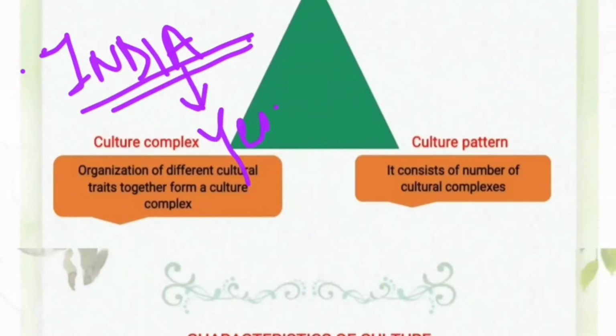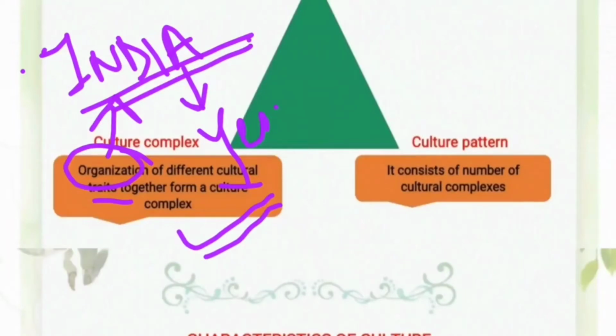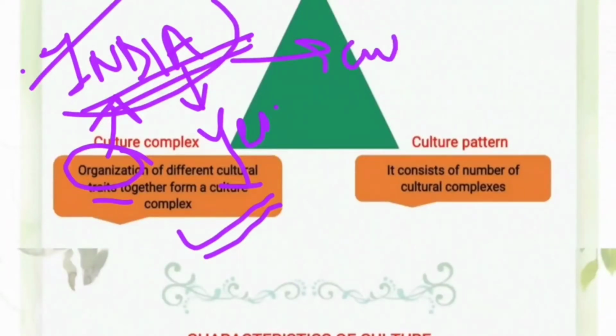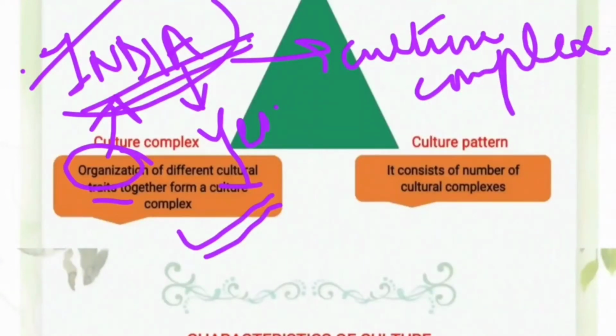India is a culture complex. There are a number of cultures living together in an area and forming a country called India. So different cultural traits are forming an organization we simply call India here, and this is forming a culture complex. So yes, India is a culture complex because different cultures live here together.